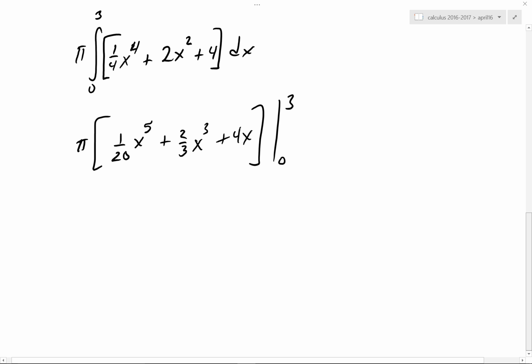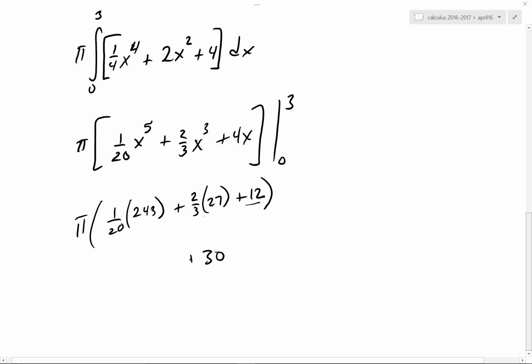You gotta love going from 0 to stuff, friends, because on a polynomial, the bottom end will always just be 0. That's hot. So it's going to be pi times 1/20th. 3 to the 5th power is 243 plus 2/3 times 27 plus 12. This is 18 plus 12 is 30.